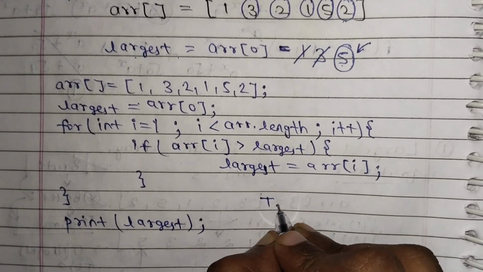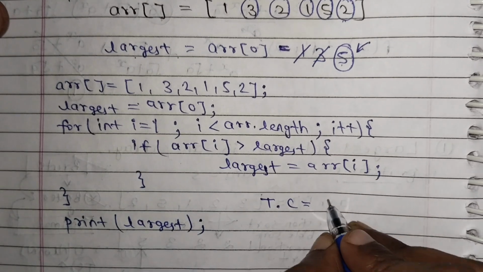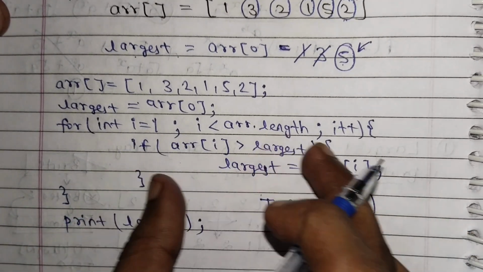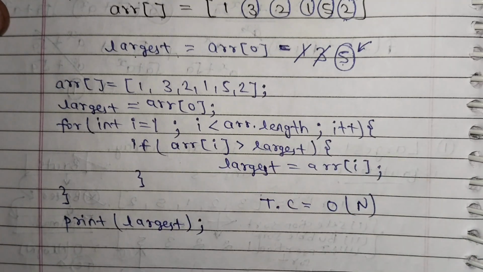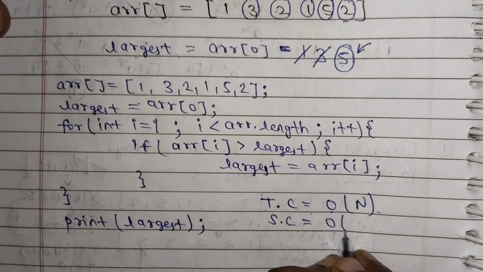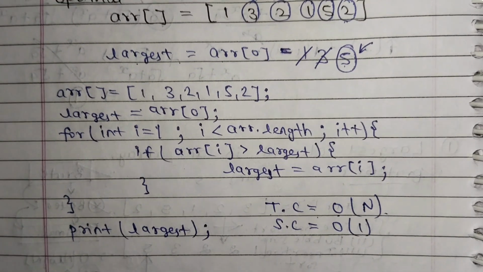The time complexity for this code is big O of n, because we are iterating over all the elements in the array one by one. And the space complexity is big O of 1, because we are not using any extra space to store our elements. So this is the brute force approach and the optimal approach for this question.